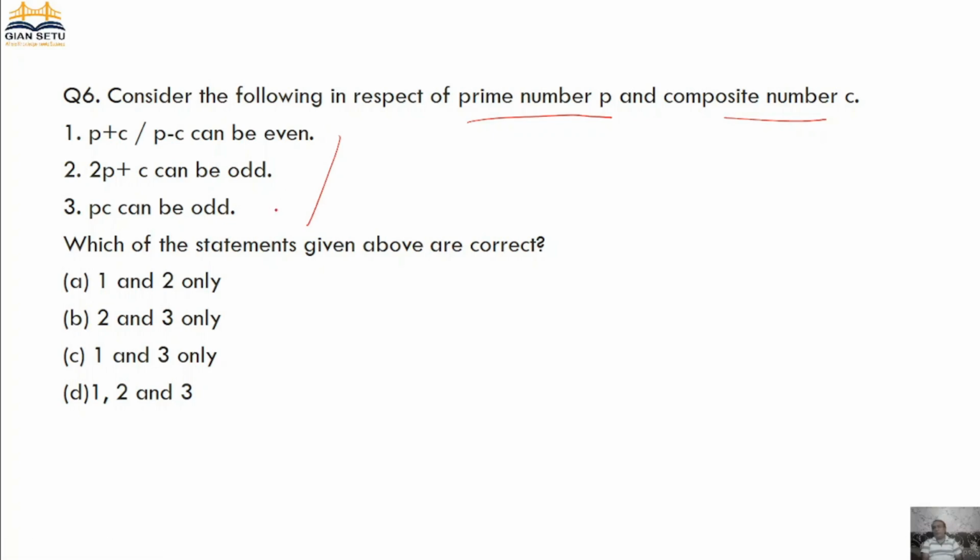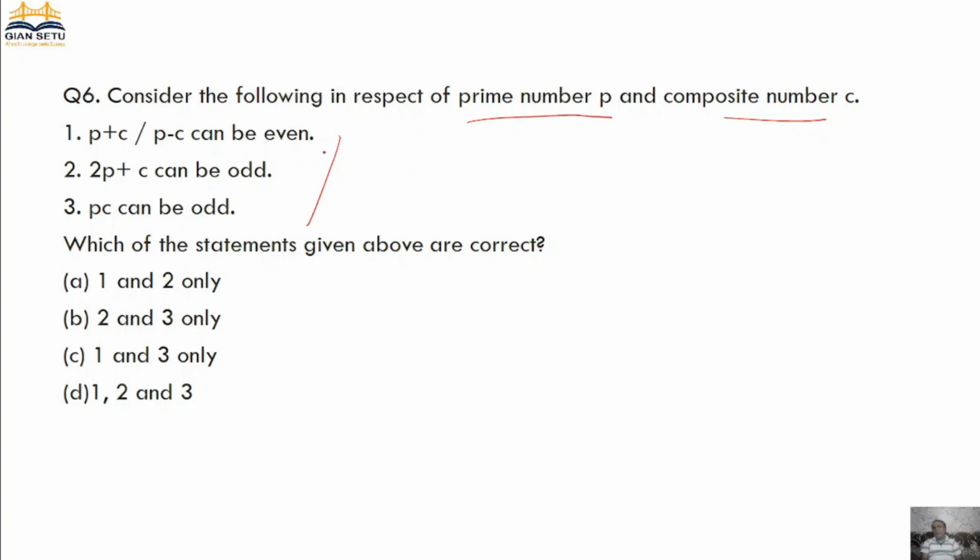Now here, whenever we are given a statement that something can be true, in that case we try to find a case where we can prove that statement correct, right?